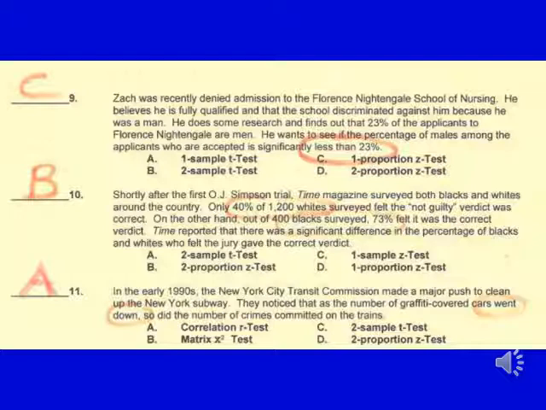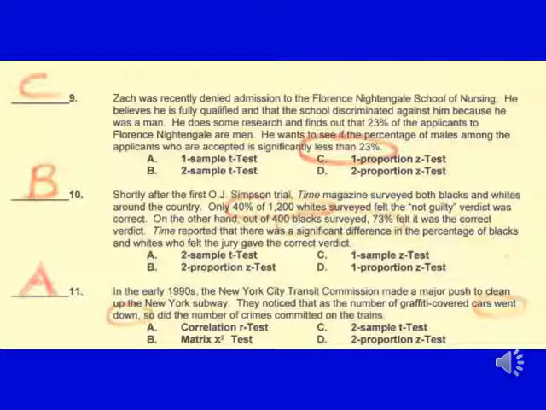On the second one, we have a percent of whites and a percent of blacks, and we want to see if they're different. That's why the first one is a 1 proportion z-test, C, and number 10 is a 2 proportion z-test, which is going to end up being B.